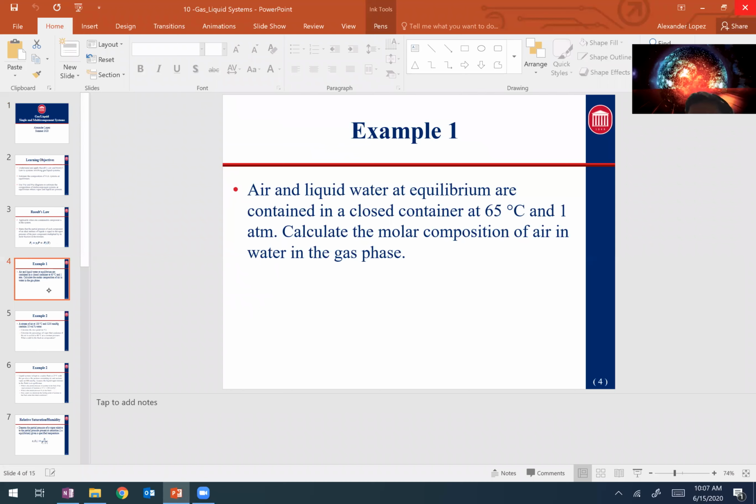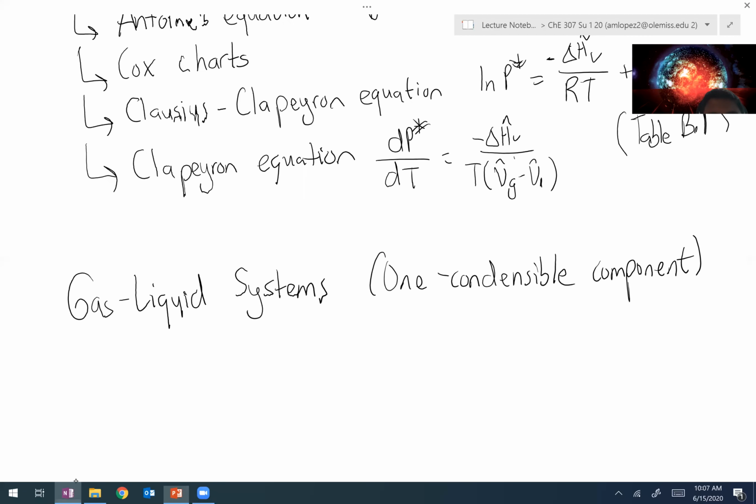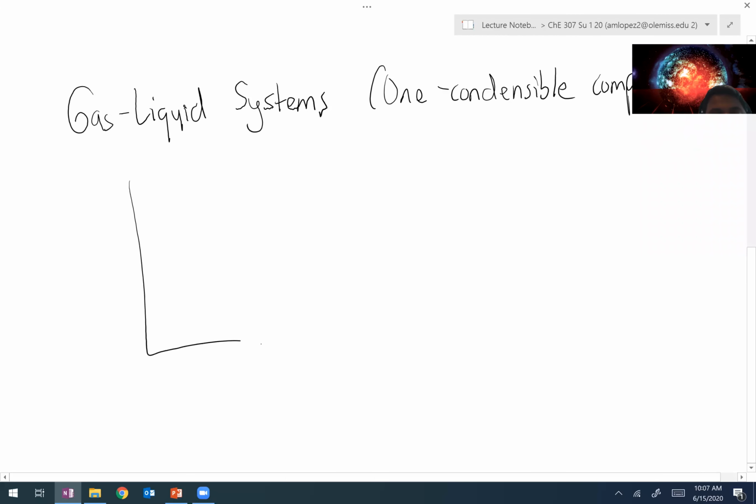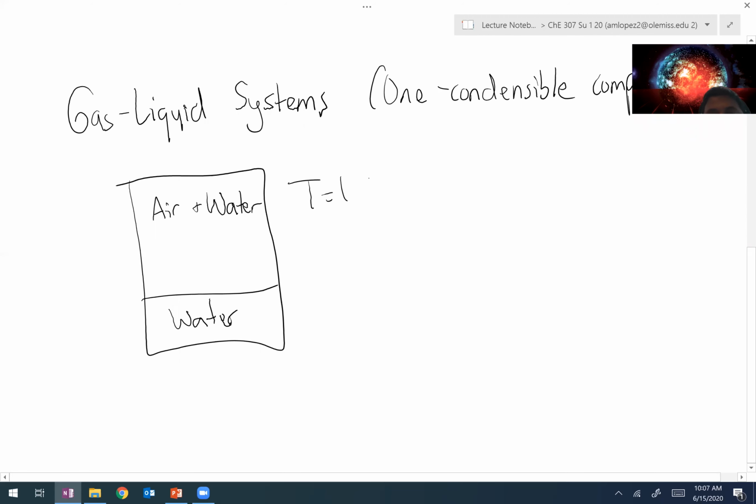We can look at this example. If we have air and liquid water at equilibrium at 65 degrees C and 1 atmosphere, so we have air and water. Now let's put some liquid water in the container. Temperature is 65 degrees Celsius. The pressure is 1 atmosphere.